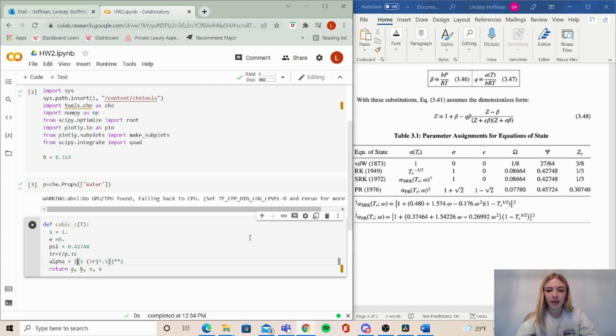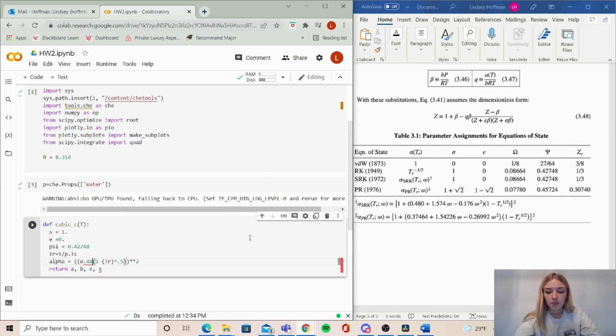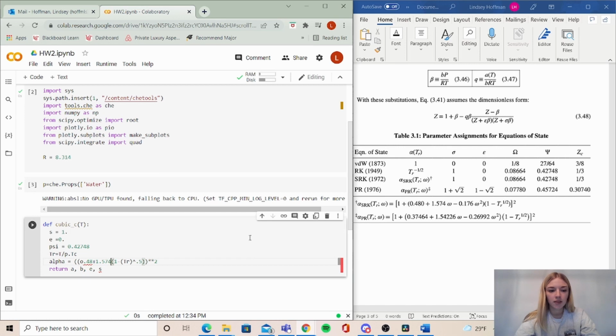And then we'll have 0.48 plus 1.574 times our omega. So we're going to bring in the properties from che props of our lowercase omega because that's already stored in that data.